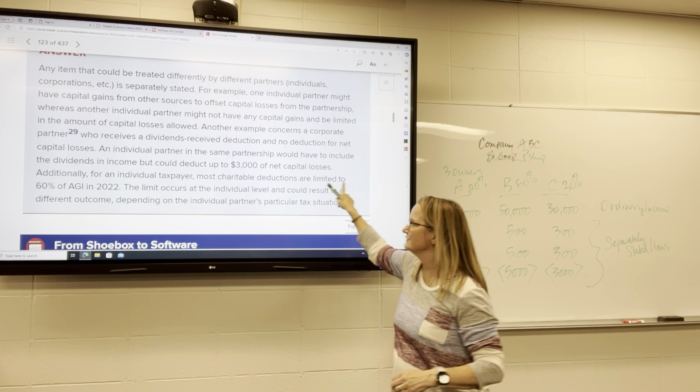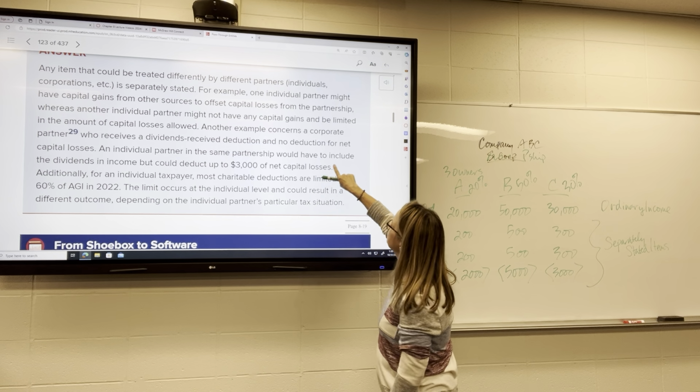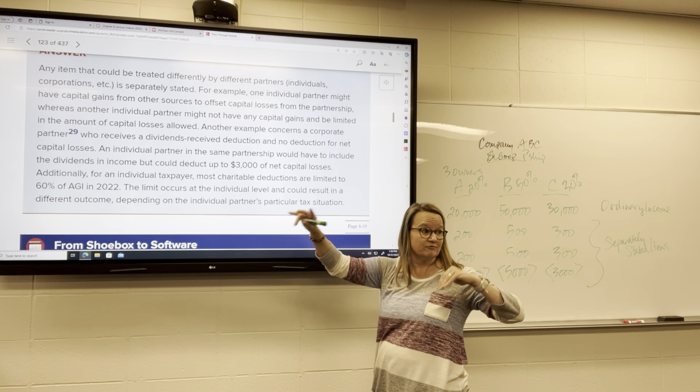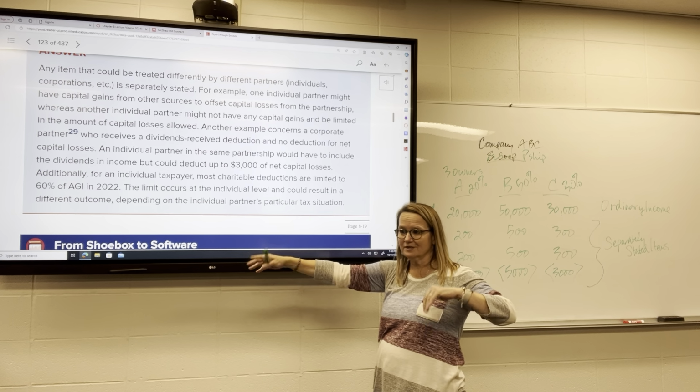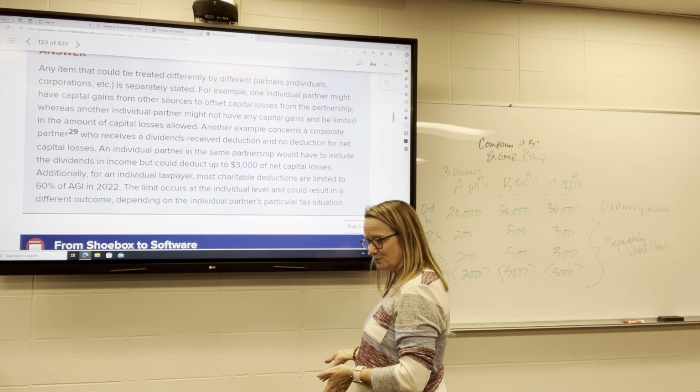So we're going to talk about this later too, this dividends received deduction, that's chapter 15. So the dividends are treated differently for individuals than they are for corporations. But individuals can own partnerships and corporations can own partnerships as well.